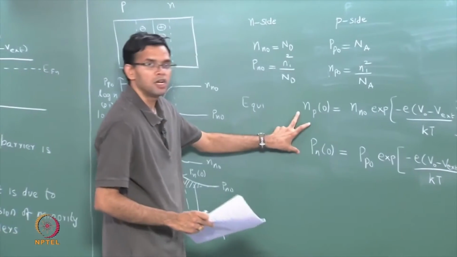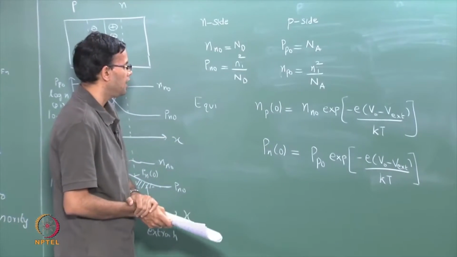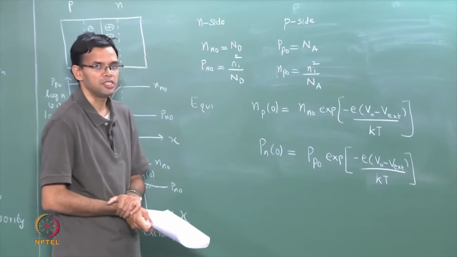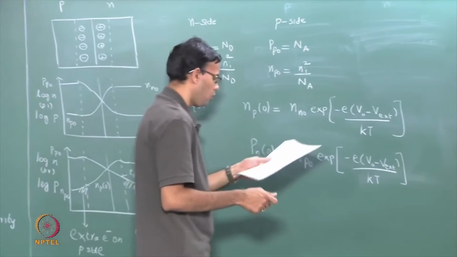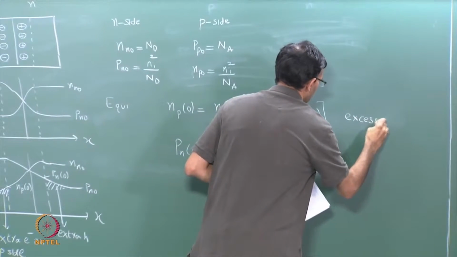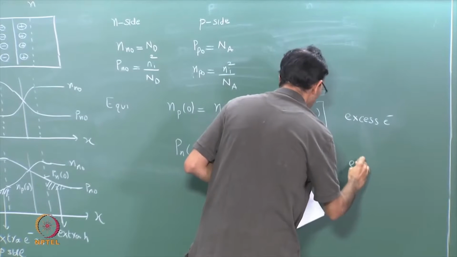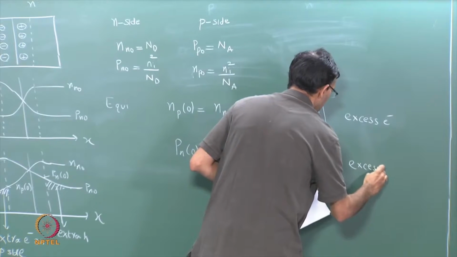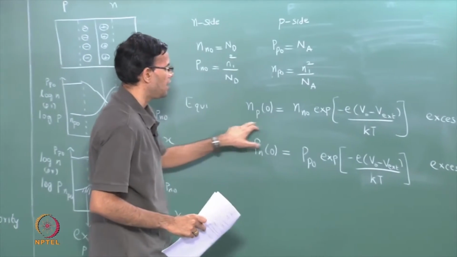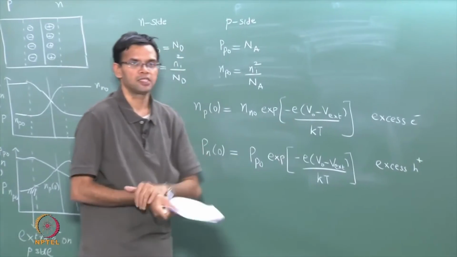So these two terms represent the excess electrons and the excess holes that are injected into your p-n junction because of the forward bias. So these are the excess electrons and these are the excess holes. The value is directly proportional to your V external.